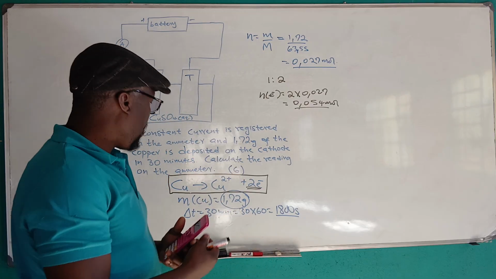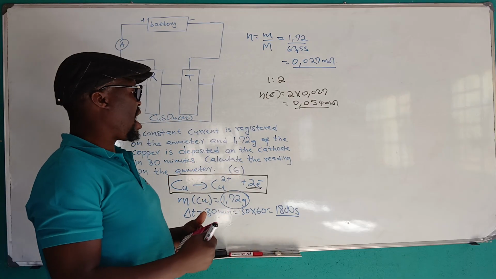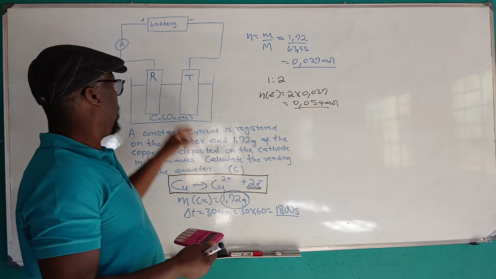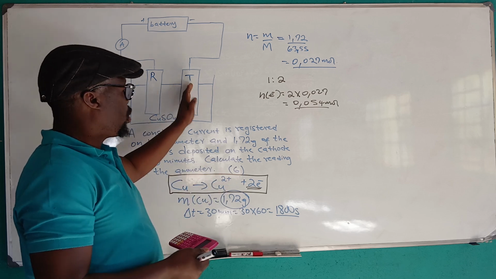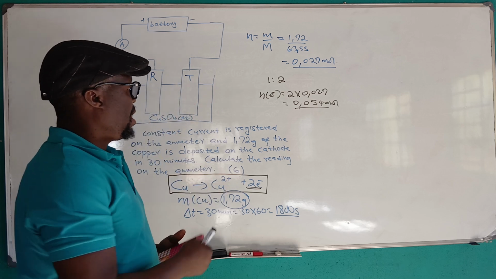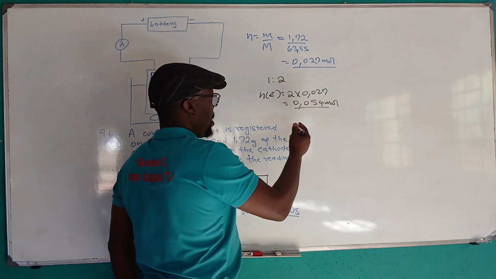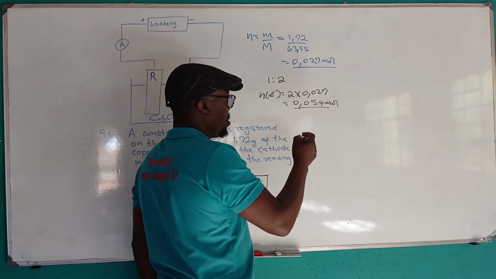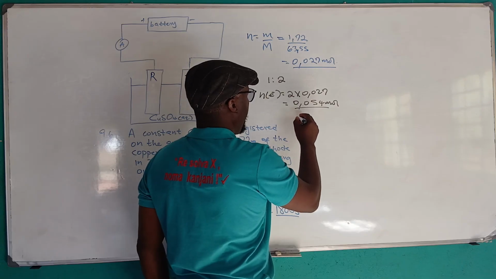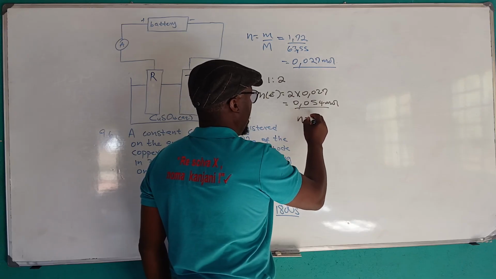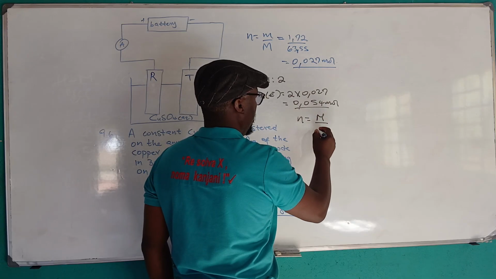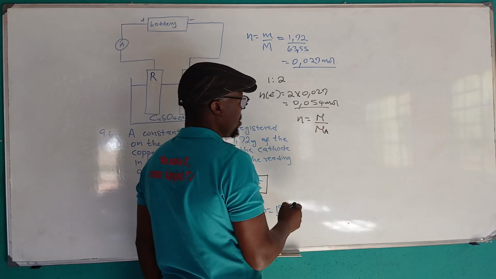Now we are concerned about the charge. We need to determine the charge that actually flows from electrode R to electrode T. As far as the number of electrons is concerned, we're going to have n equals N over Na, where Na is Avogadro's number.